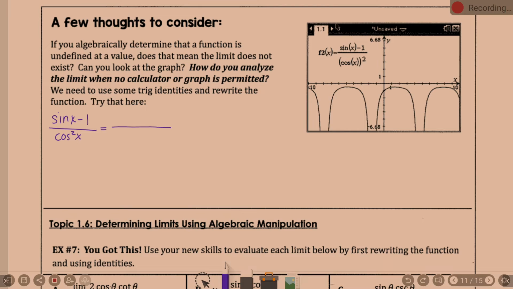Pythagorean identity. We had our Pythagorean identities, and one of them was that sine squared plus cosine squared equals 1. So, if on top we have sine x minus 1, because I can't do anything with x, it's not squared or anything, what is cosine squared? How can I rewrite that?